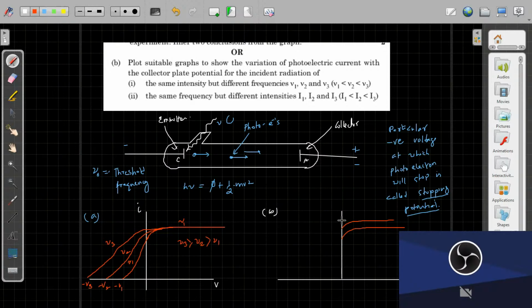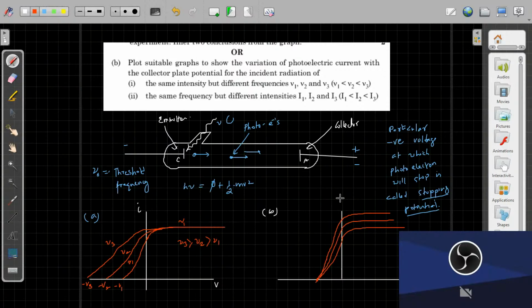Then for I3, it increases, then constant. Now same frequency means the energy is the same, so they will have only one common stopping potential. All of them will meet here at the same negative potential.